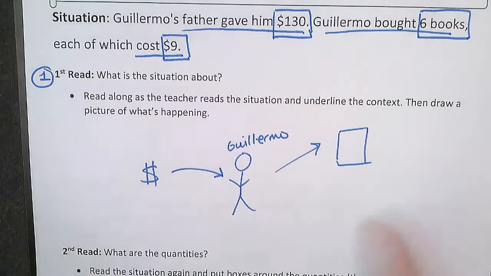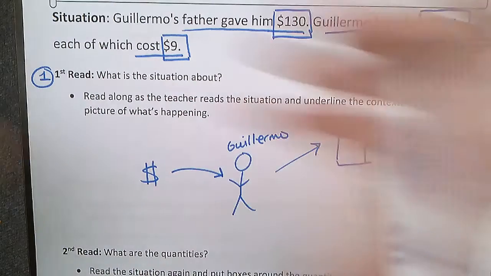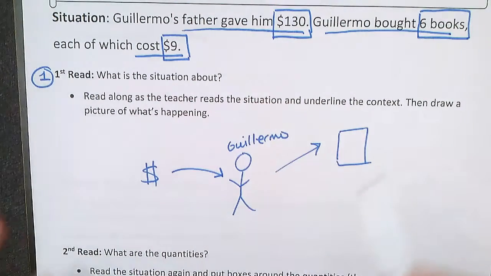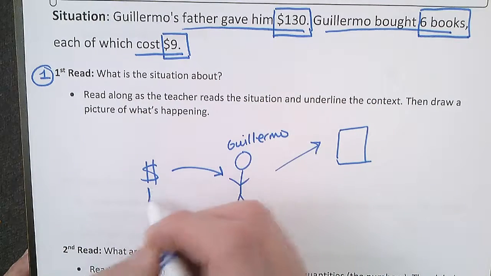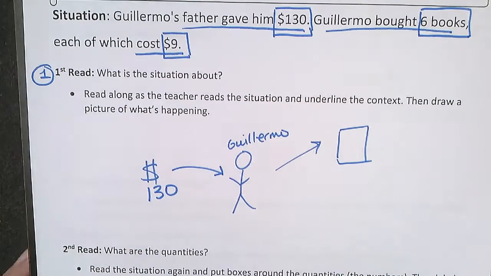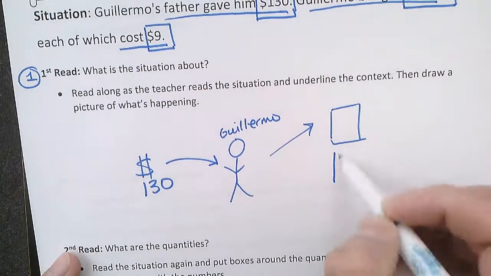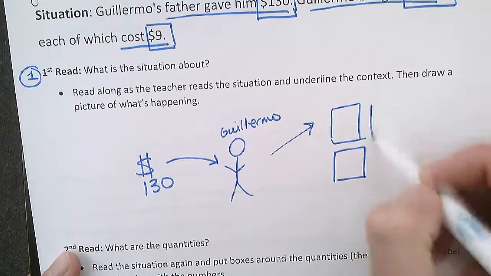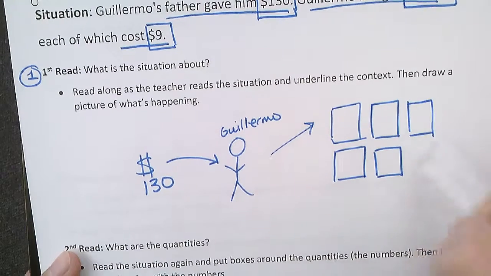And now that we've identified the quantities, or the numbers, in this word problem, to help us put it all together, let's put it back in our diagram. So Guillermo's father gave him $130, so we have $130 going to Guillermo. And he buys 6 books. So we have 1 book here, 2 books here, 3, 4, 5, 6.